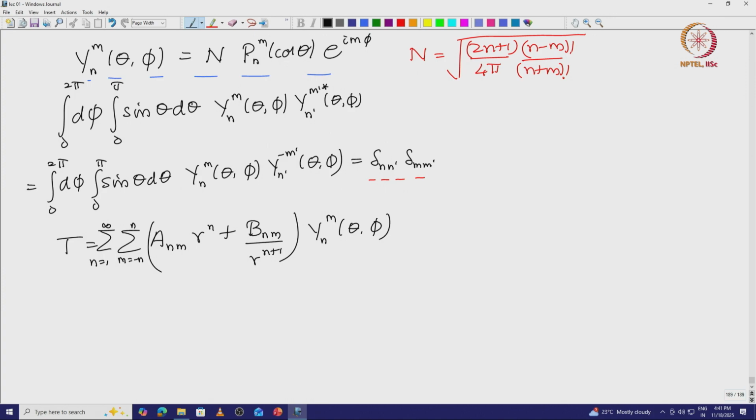So far what we have done is that we have solved the Laplace equation using separation of variables. We got 3 functions, one in phi, one in theta and one in r. Homogeneous boundary conditions, effectively the periodicity condition in phi: temperature at phi plus 2 pi has to be the same as temperature at phi because it is the same physical point in space.